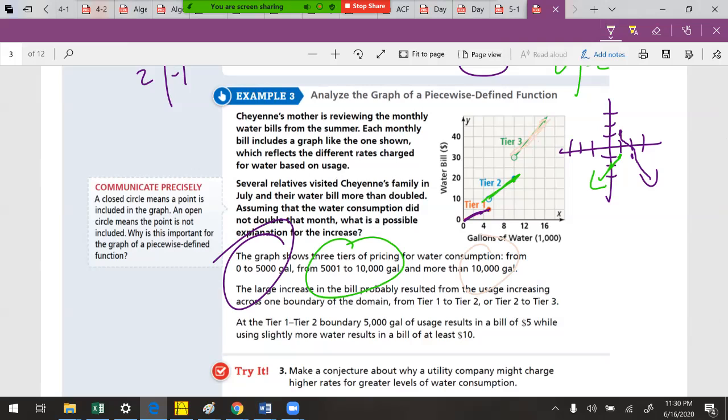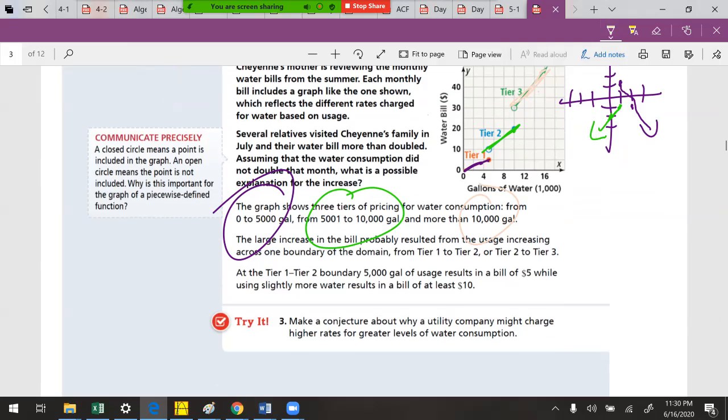Make a conjecture about why your utility company might charge higher rates for greater levels of water consumption. The more that you're using, they have to charge you more because you're using more of their service. So they want to limit you into the tiers. Believe it or not, both water and gas do that. Ask your mom or dad how they charge you for the summer.